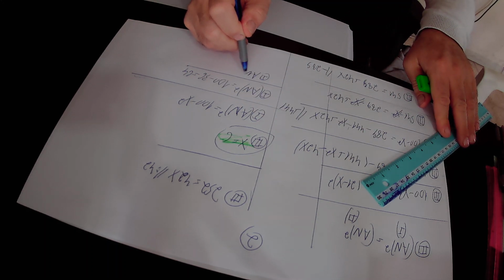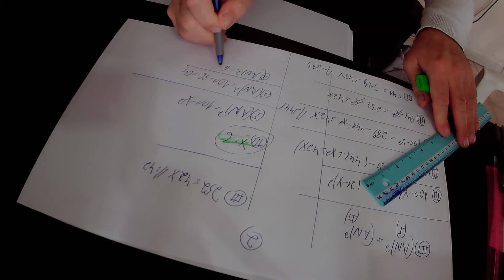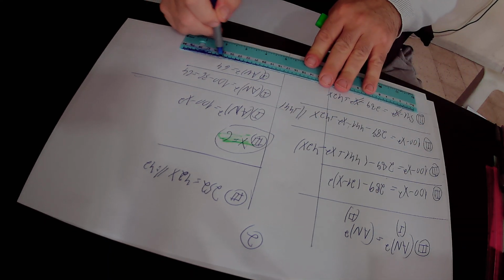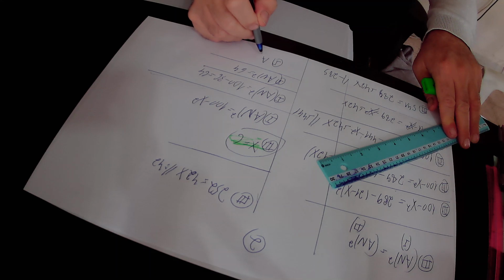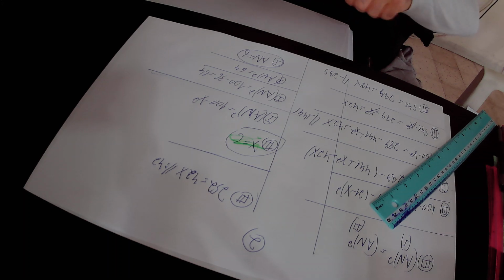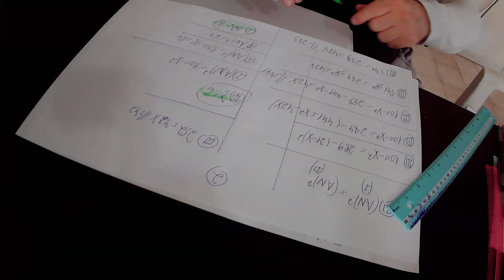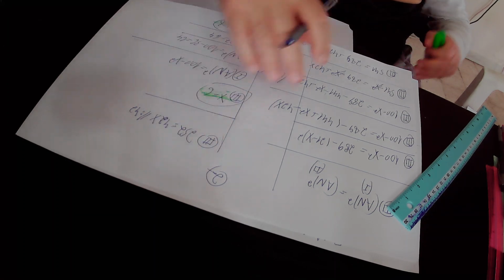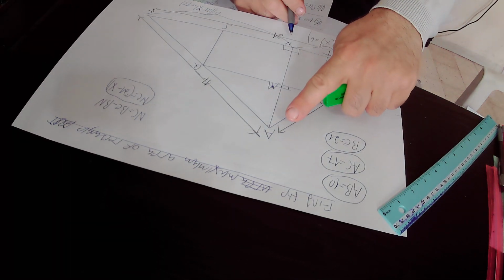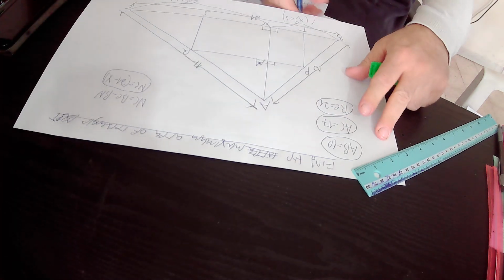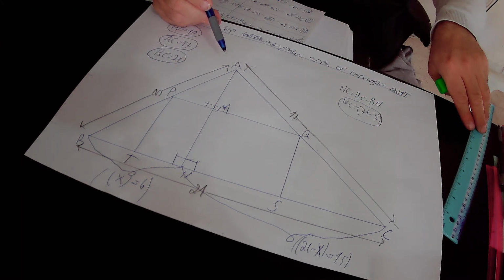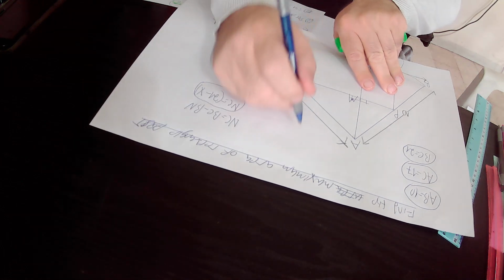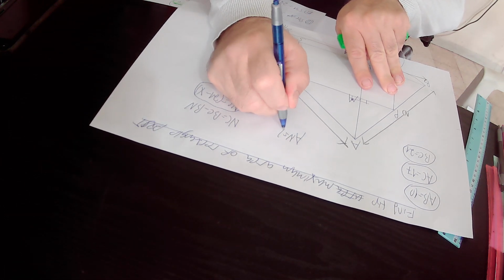Here we take the square root, and finally get that AN equals the square root of 64, that is 8. So this is line segment AN, and it is equal to 8 units in length. So I write it down: AN equals 8 units in length.